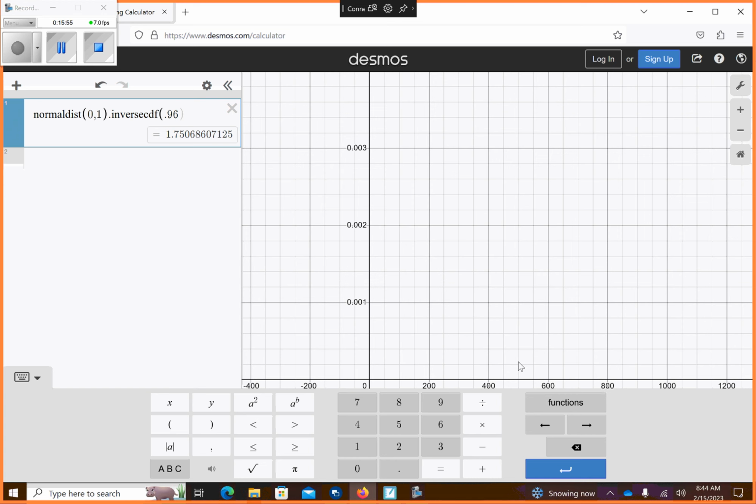All right, so we have a plus or minus that. If I go 135 plus the 1.75, this will give us our upper bound. So 136.75.